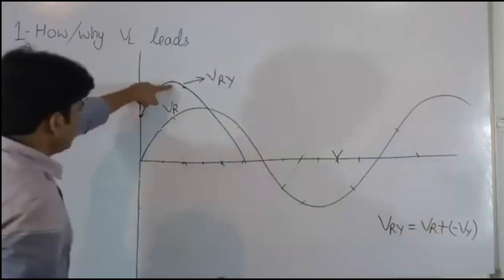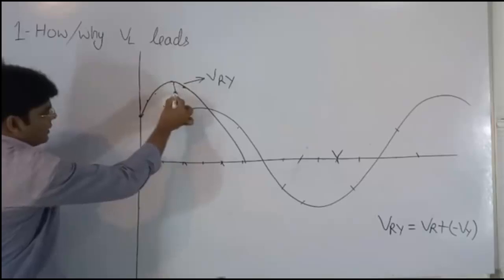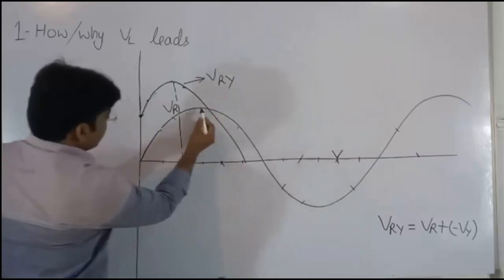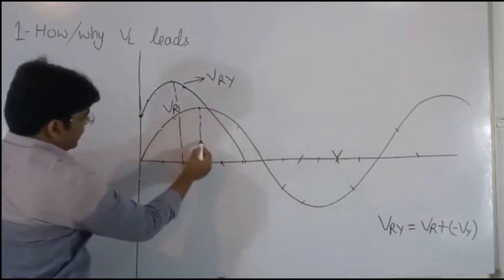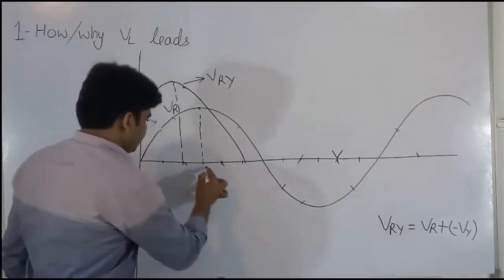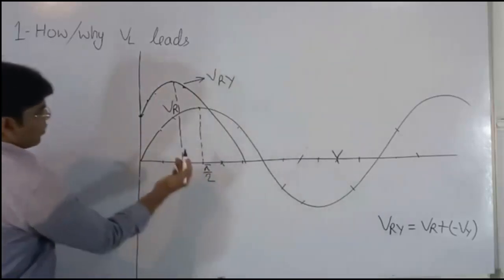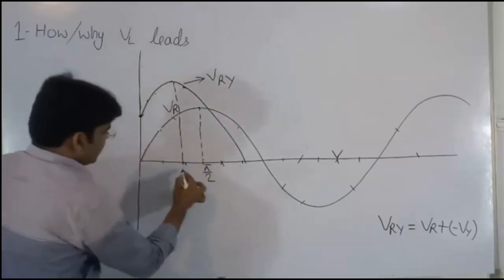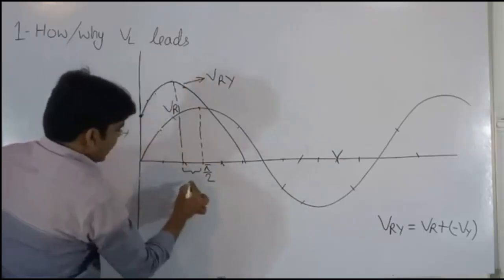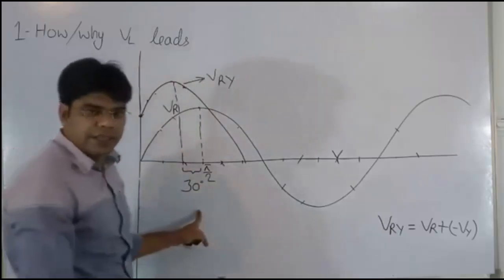Now see, VRY attains maximum value at this instant, and VR attains its maximum value at this instant, and this is pi by 2. So from this waveform it is clear that VRY and VR have a phase difference of 30 degree.